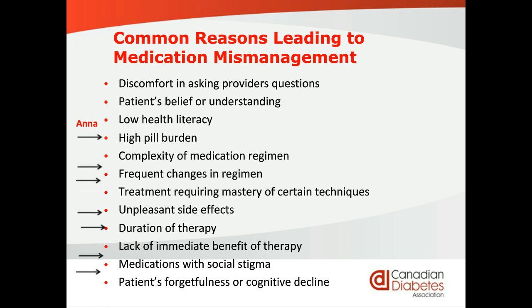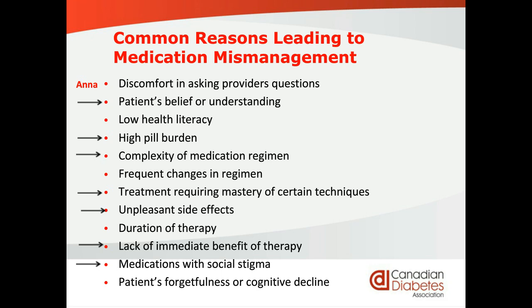Well, look at Anna. She didn't manage her medication well, and many of those reasons apply to her. She didn't understand or believe it was important to take the blood pressure med because 2 is enough. Why 3? Too many pills. She's taking 20. She has to take medication 5 times a day. It's too complex.